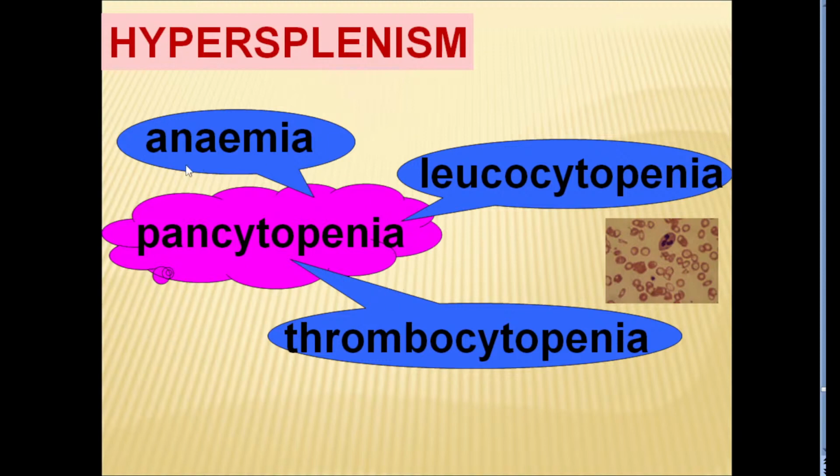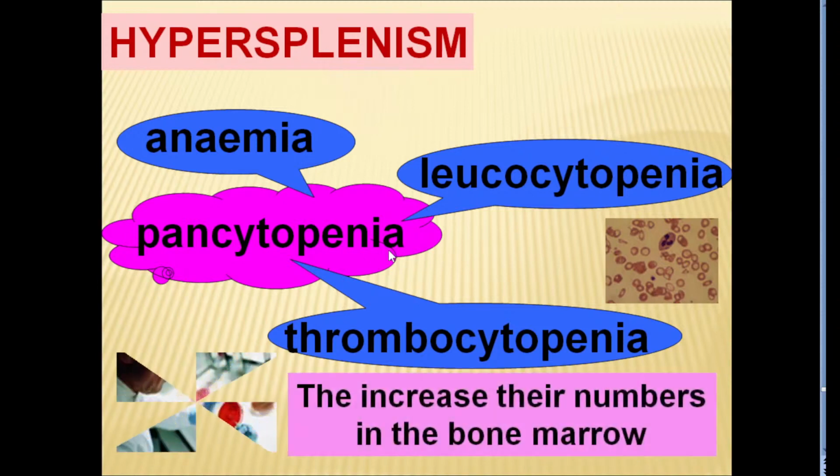In blood analysis will be revealed pancytopenia due to increased activity of the spleen. I want you to differentiate pancytopenia due to depression of bone marrow or due to increased activity of the spleen.